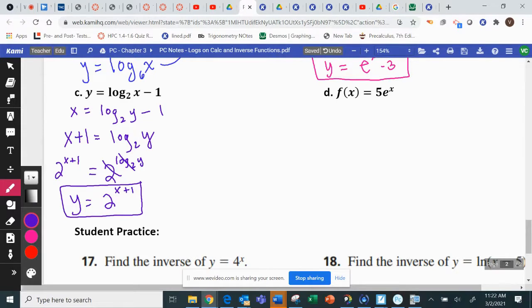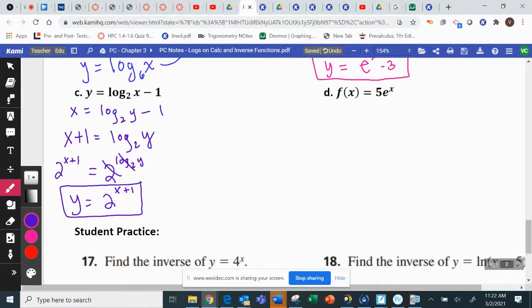Why did I put the answer for the first one in f of x form, but not the next two? Because number 1 started in function notation, where these just started with y. So you're just following whatever the original gives you.